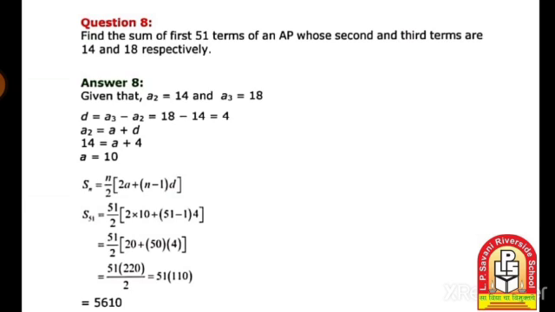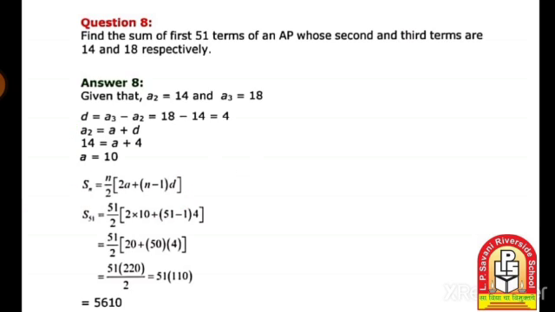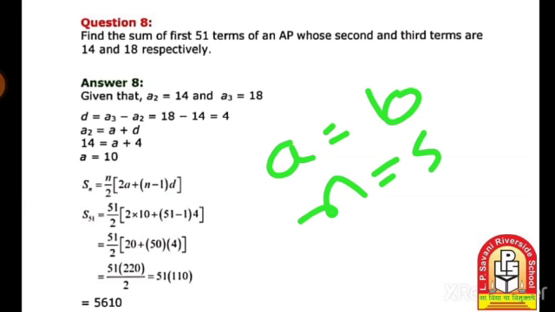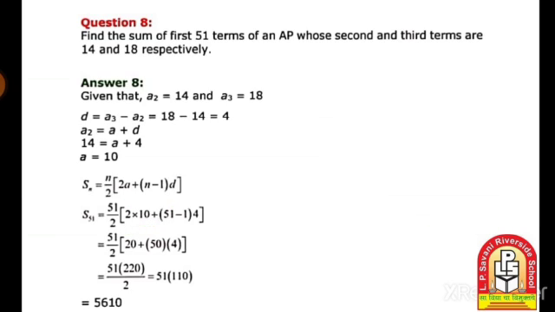So Sn is equal to n by 2 in the bracket 2a plus n minus 1 into d. We have to use these found values of a and d in this equation and find the value of Sn. So here a is equal to 10, n is equal to 51, and d is equal to 4. So let's put the values of a, n and d in the equation.